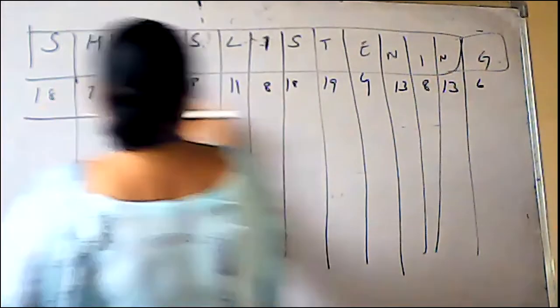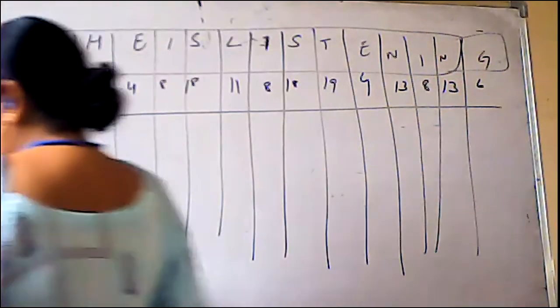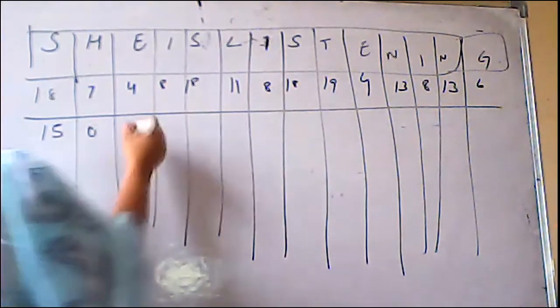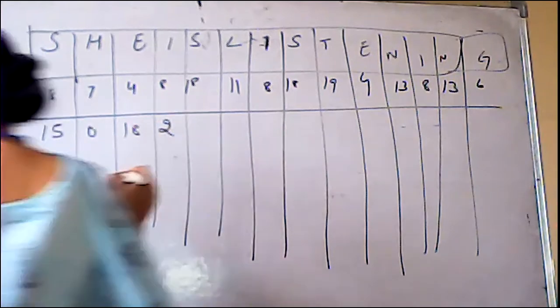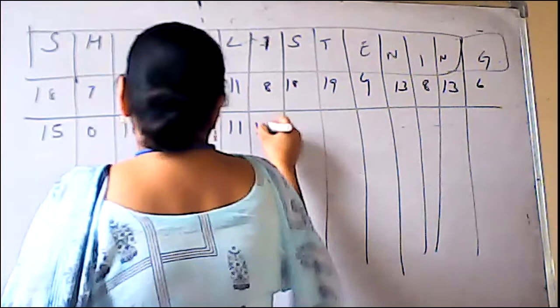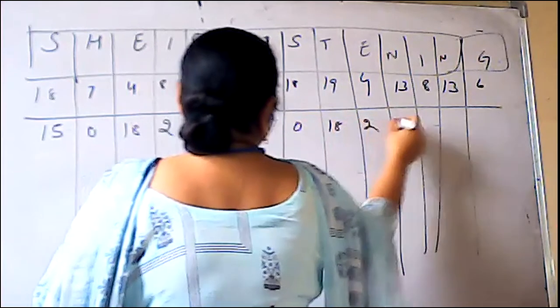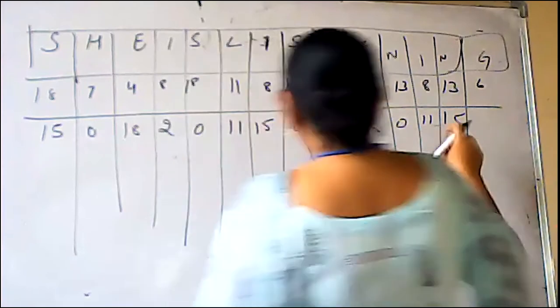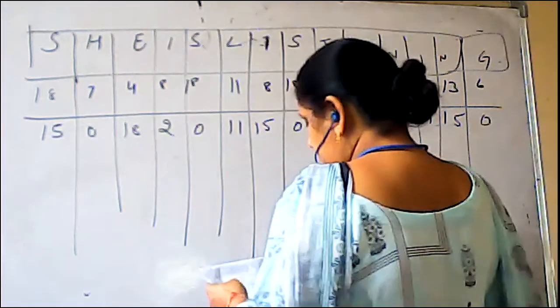So this is the decoded value of this text. Now repeat the key 15, 0, 18, 2, 0, 11, then again 15, 0, 18, 2, 0, 11, then 15, 0.